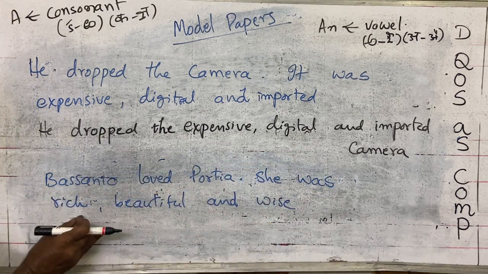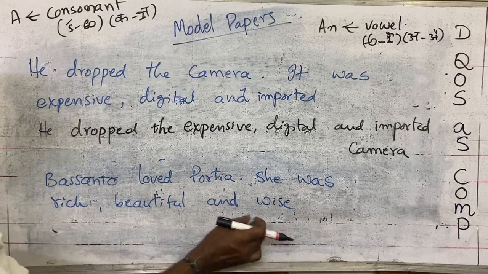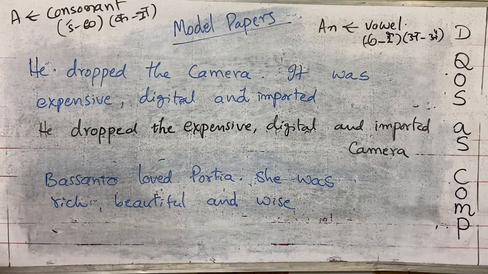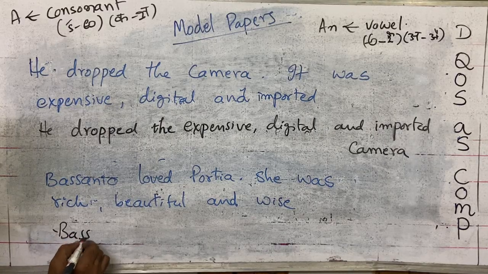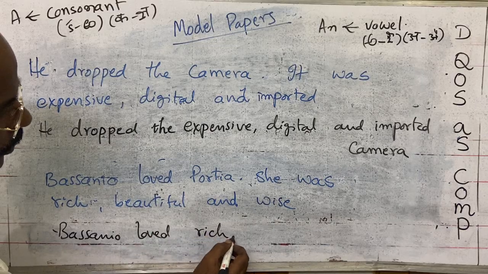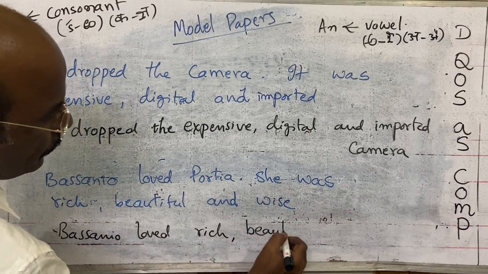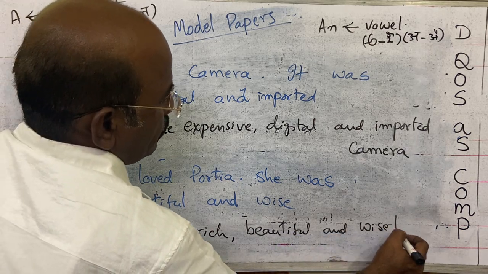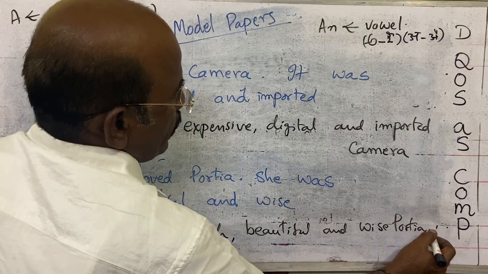The second one is coming to how she is: rich, beautiful, and wise. So how is Portia? Rich, beautiful, and wise. So that much of a lady. So you can take: Bassanio loved rich, beautiful, and wise Portia.